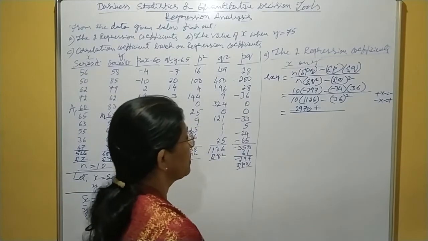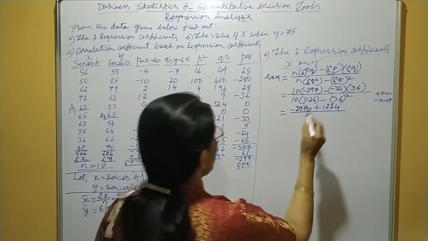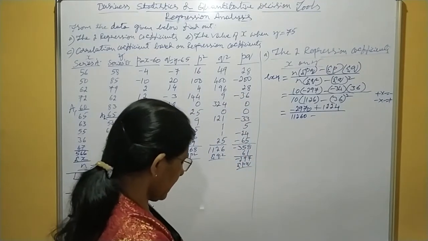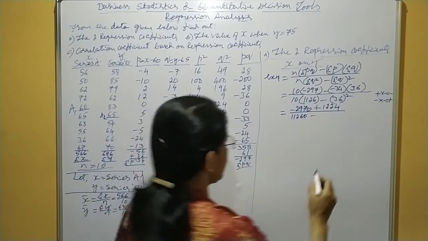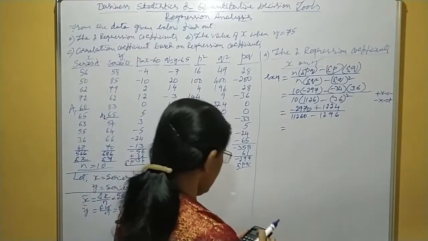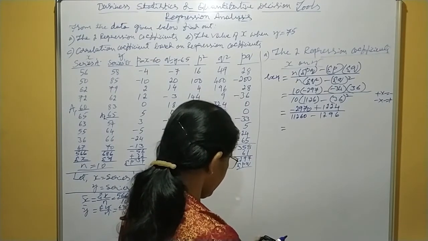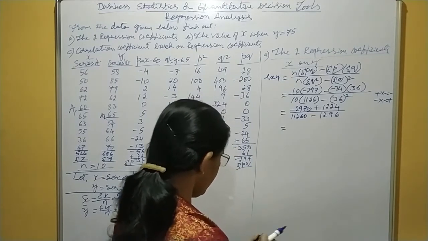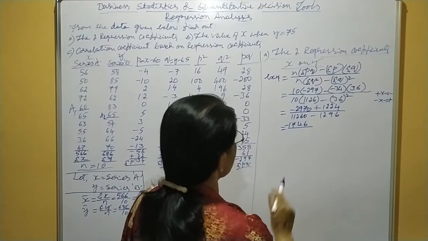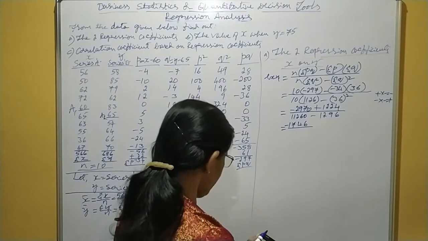We have 34 into 36, it is 1224, divided by 10 into 1126, 11,260 minus 36 into 36, it is 1296, equals, here one is with minus sign and other one is with plus sign, take the difference, 2970 and 1224, difference is 1,746, highest value sign is minus, divided by, now here also take the difference, 11,260 minus 1,296.